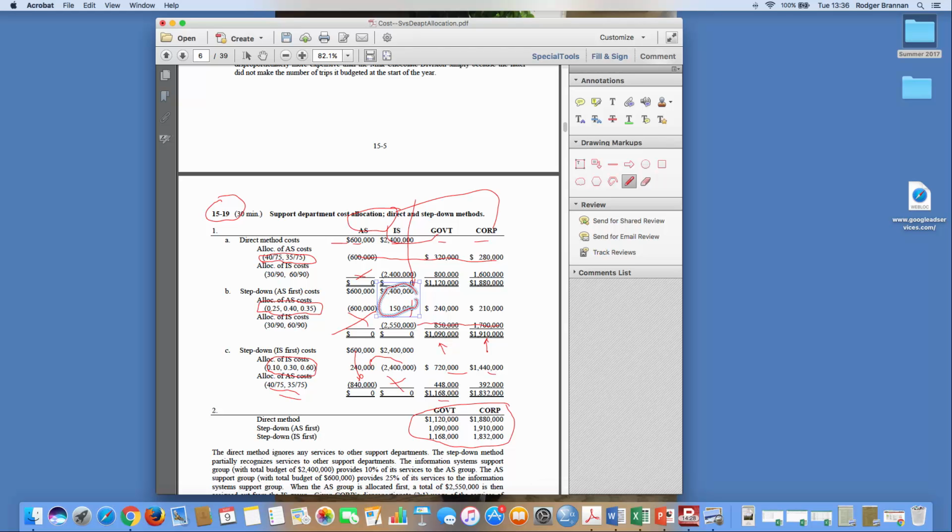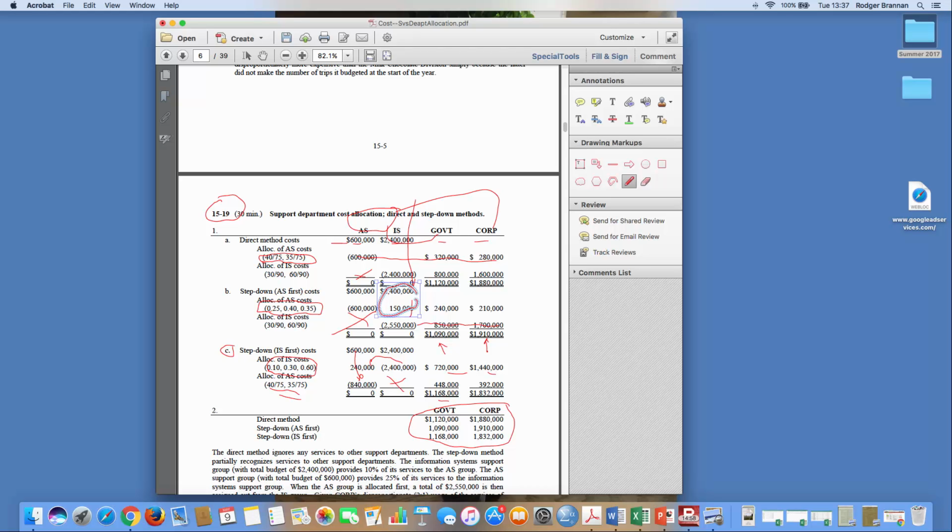Now, the step-down method also has another virtue, more so when you have 8, 9, 10, 12, any number of support departments. When you have a situation like that, you would like to have some degree of accuracy, but you also want to avoid the mathematical morass of trying to do simultaneous equations with 10 or 15 different support departments.